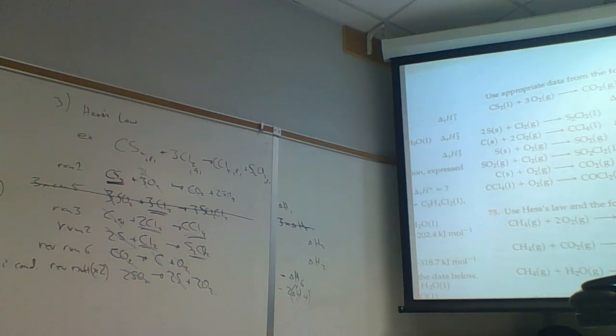Delta H6, we've got to reverse the sign, so 36 is plus 393.5. And 2 times delta H4 would be 2 times 296, which would be what, 580, 592, 593.6. 593.6. And we have to change the signs, so we leave it like that. Okay, and then just add them up.